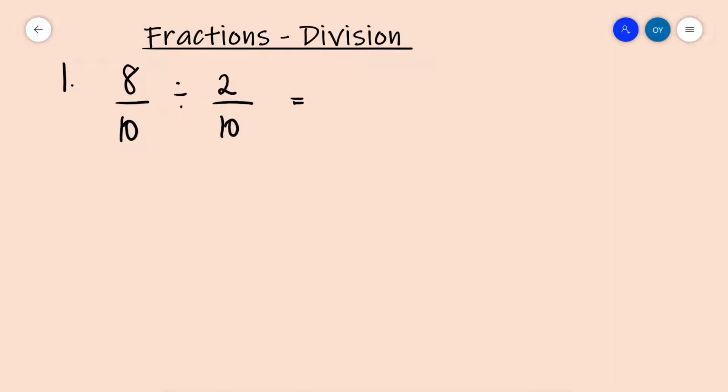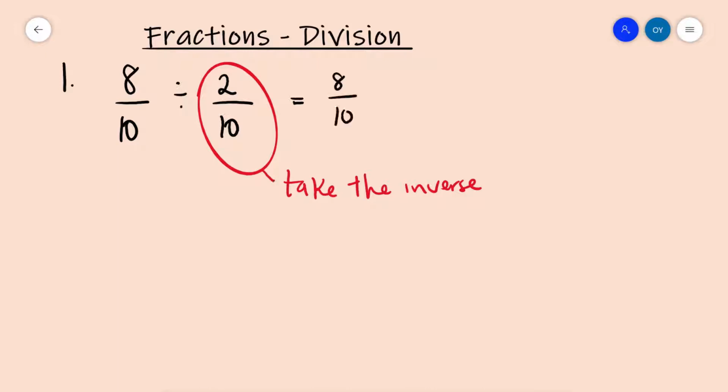8/10 divide 2/10. So the very first thing to do is to change the division sign to multiplication. Then you flip the fraction right after the division sign, which means this becomes 10/2.